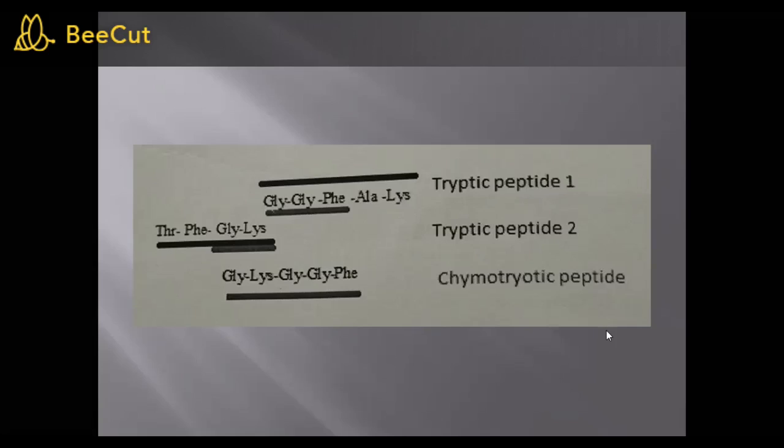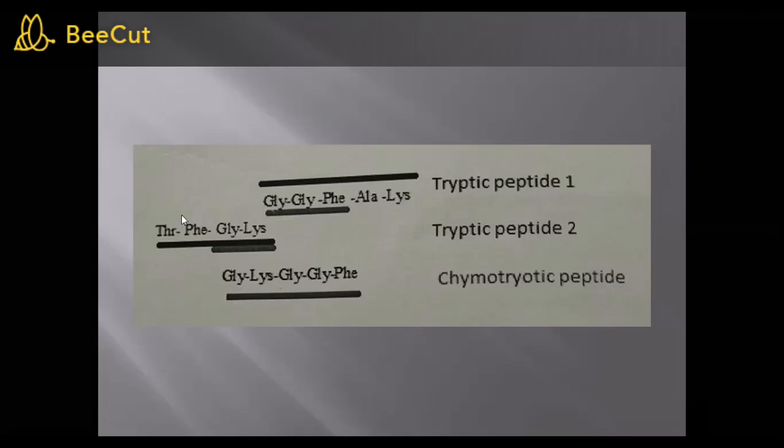Apart from this, we can also use certain chemicals. Cyanogen bromide will cleave the polypeptide chain after the methionine residue. So likewise, we can use enzymes or chemicals. By using this, we can reduce the length of the polypeptide chain and we can sequence the protein.